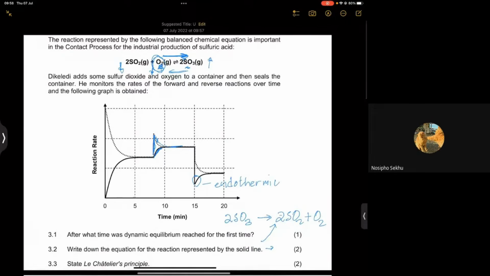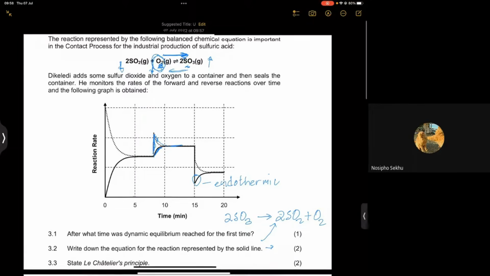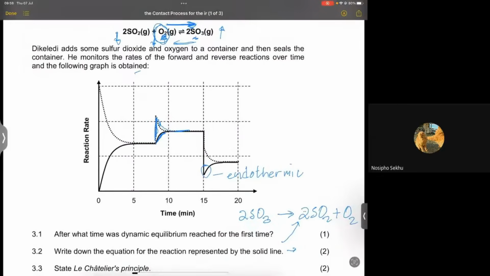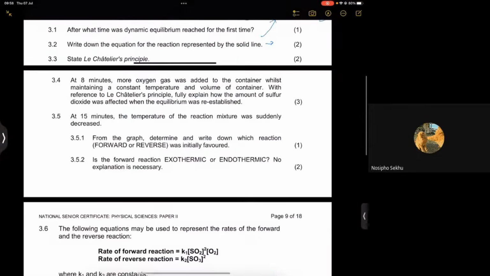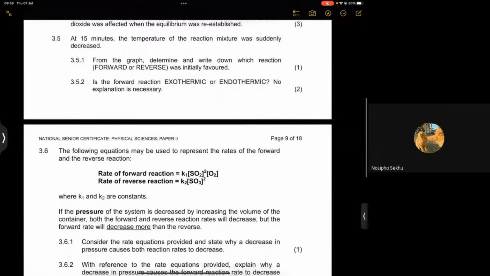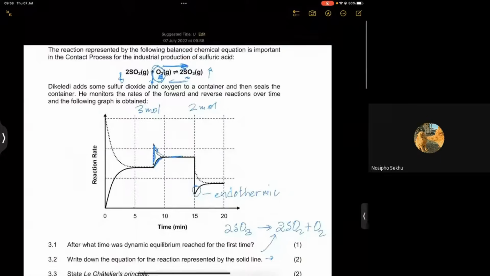Once again, when we talk about pressure or volume, always look at the amount of moles. We've got 3 moles of gas on the left hand side, and 2 moles of gas on the right hand side. If the pressure of the system is decreased, which side are we going to favor?